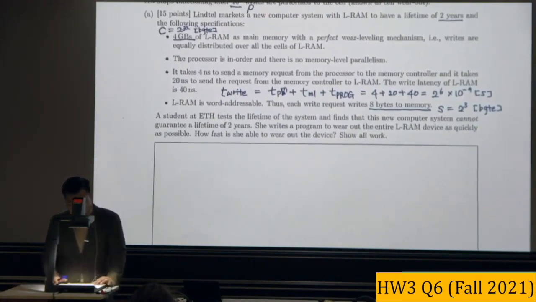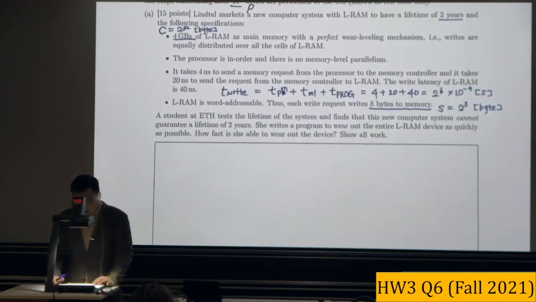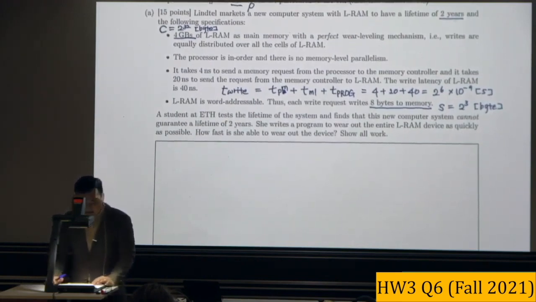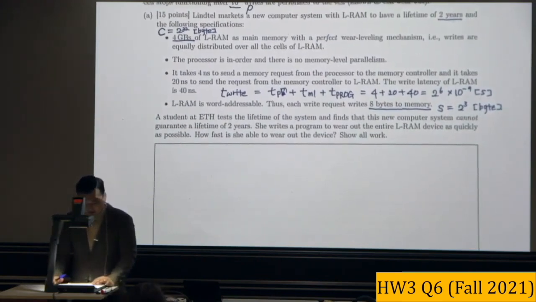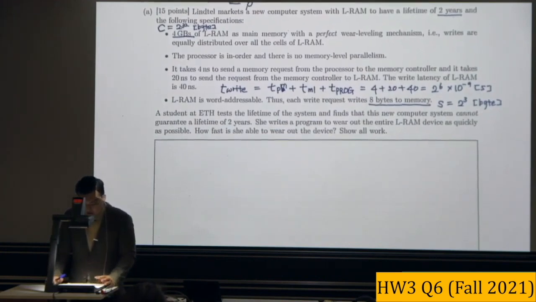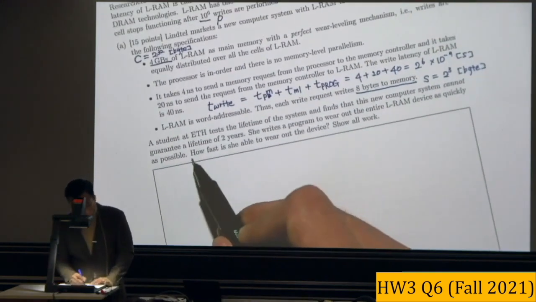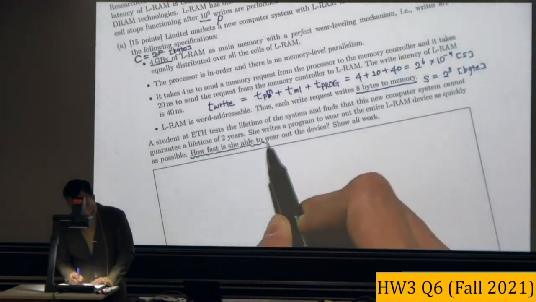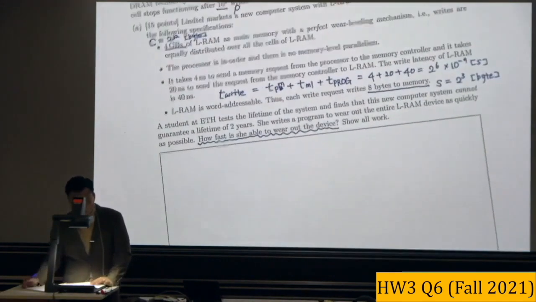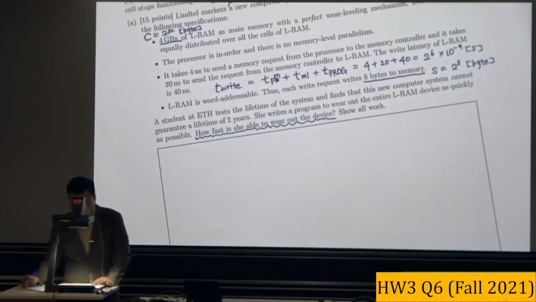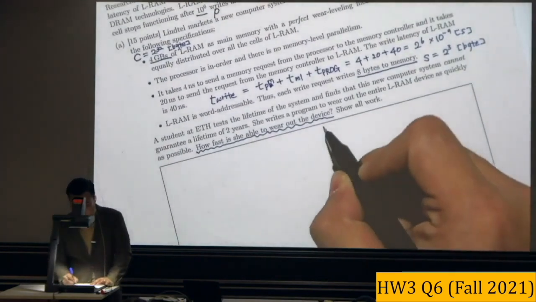So she writes a program to wear out the entire LM device as quickly as possible. And it is finally asking how fast she is able to wear out the device. It means that this is the guaranteed lifetime at the worst case, right? So I will put this as T.